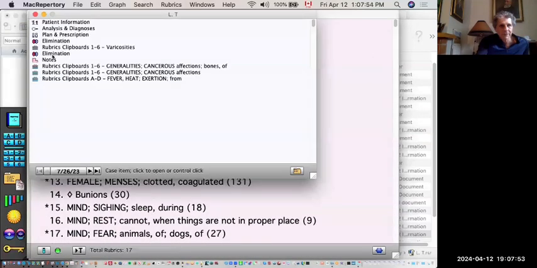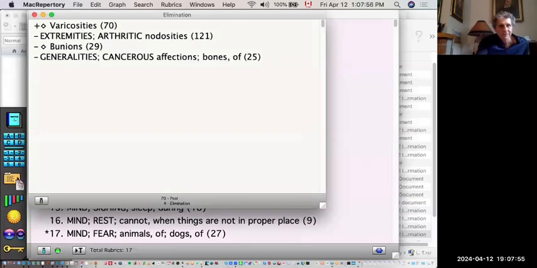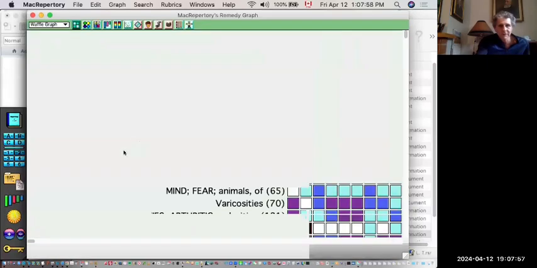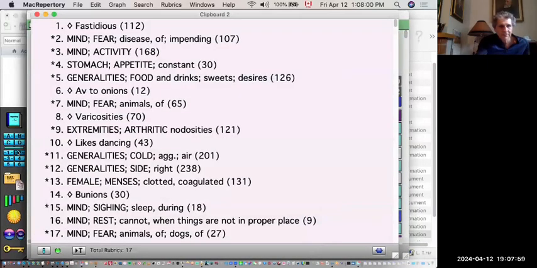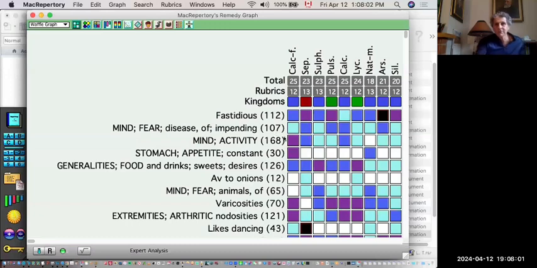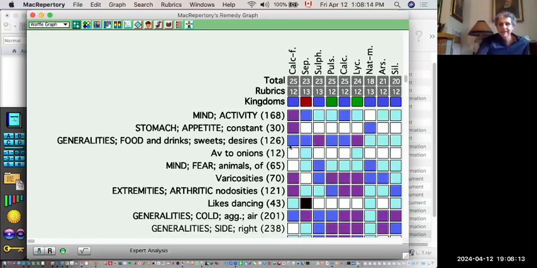And we're going to open the elimination. Well, we don't even need to look at elimination. We can just look. Yeah, so if you look here, calcarea fluorata is the first remedy coming up. And before it was 714, now it's 1225. Big difference. So it would have been difficult to identify calcarea fluorata before.